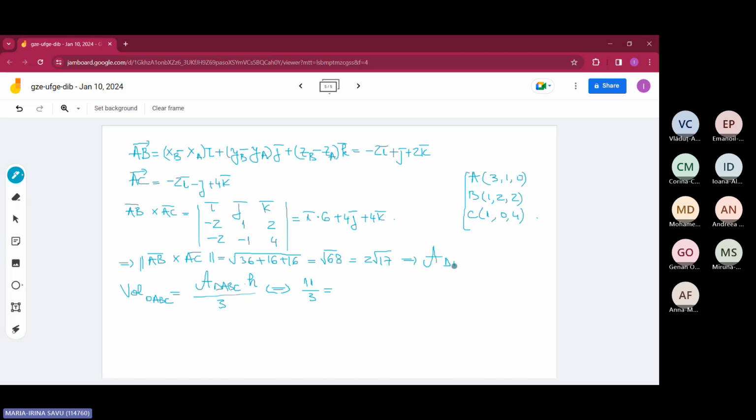So the area of the triangle ABC is this one over 2, so square root of 17. And this is square root of 17 times h over 3. So h is this. And this is the answer.